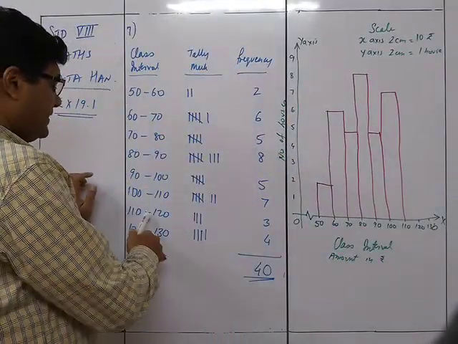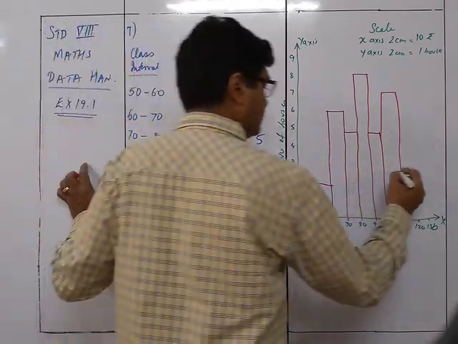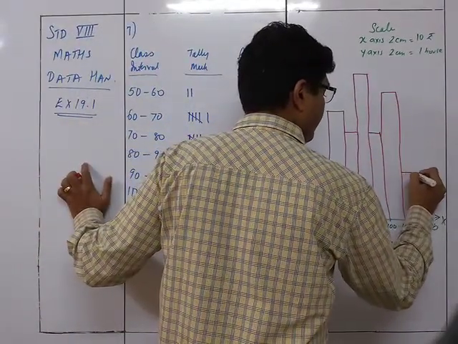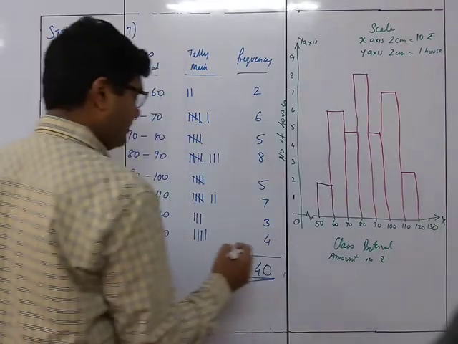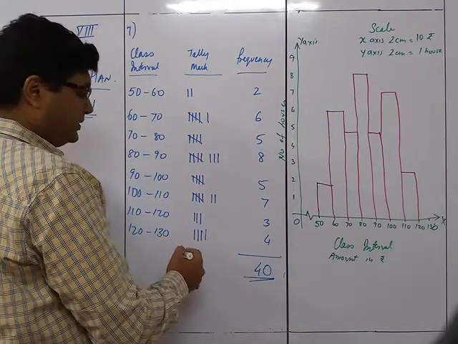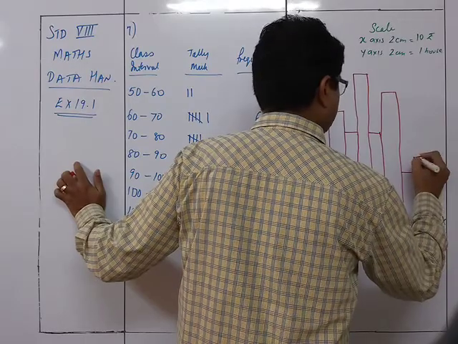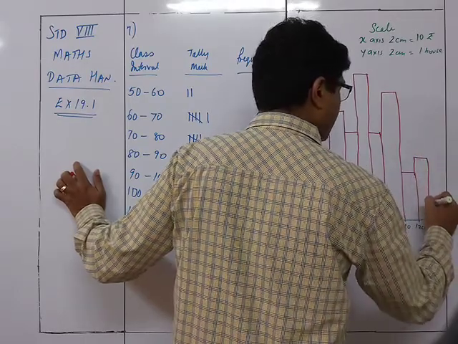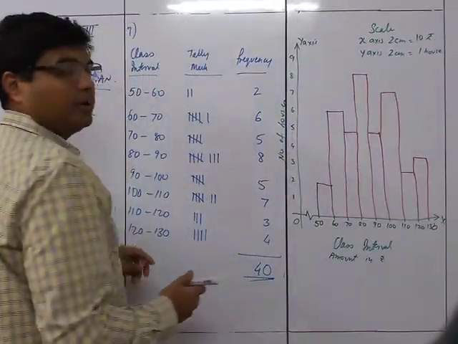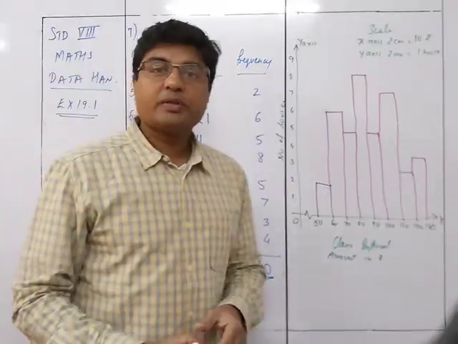Then it is 110 to 120, and finally 120 to 130 is 4, so 4 houses will be like this. So that's the required histogram.